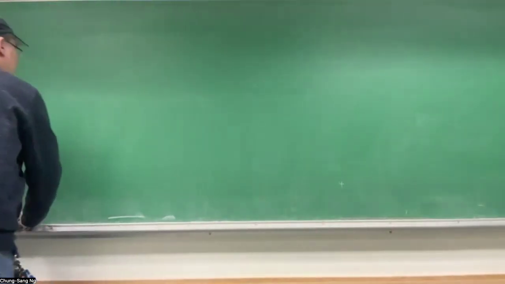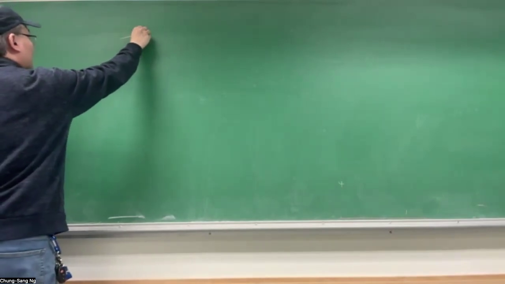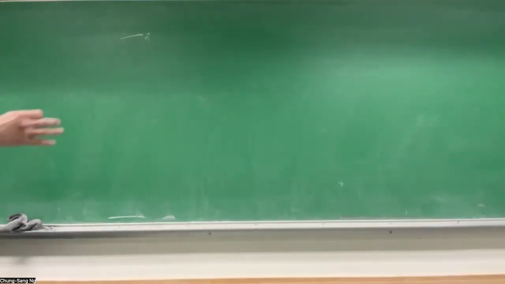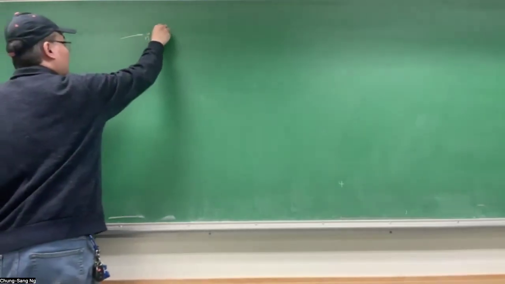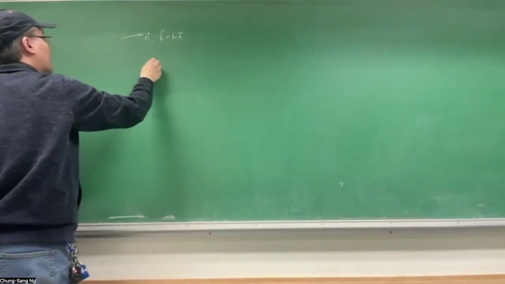the basis as follows. There are three unit vectors: n, which is the direction of the wave vector, so basically the wave vector k is the wave number times this unit vector.